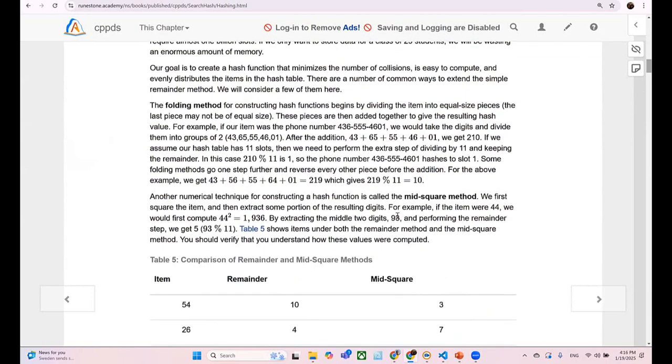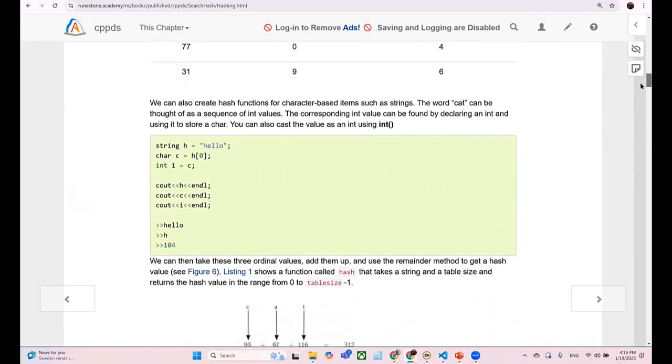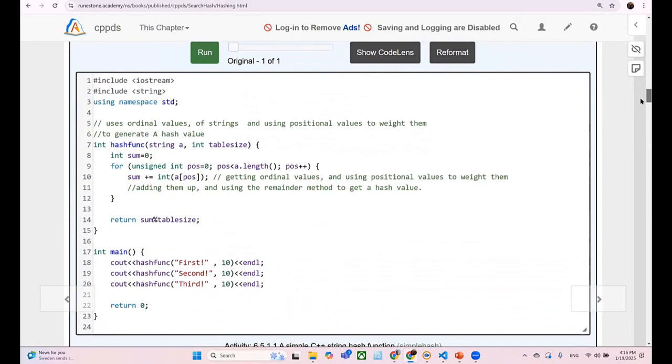The mean square algorithm takes some bits to do it, whatever. Here it does show you the hash function. You put in a string and use a mod function to create a table entry.